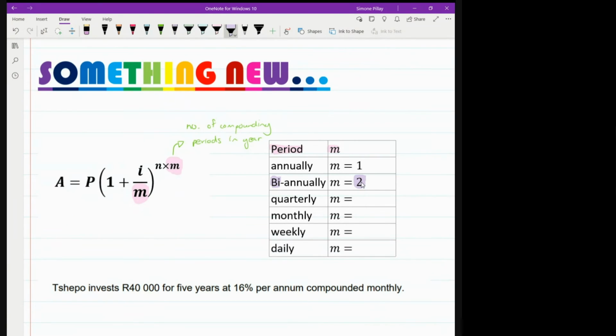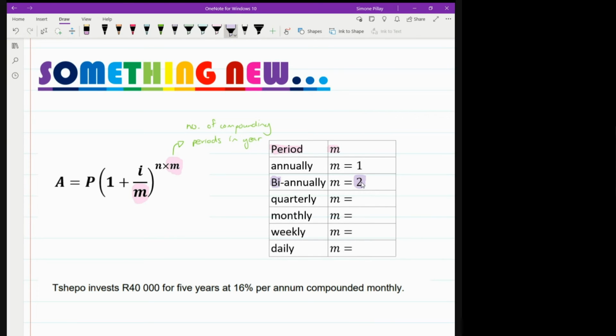So the more times we compound in 1 year, the higher our interest is going to be, because really it's more on top of more on top of more. When we compound interest once, that interest that we calculate over the year is based on the beginning amount at the beginning of the year. But when we have a daily compounding of interest, it means that I calculate interest today and I add it to my original amount today.